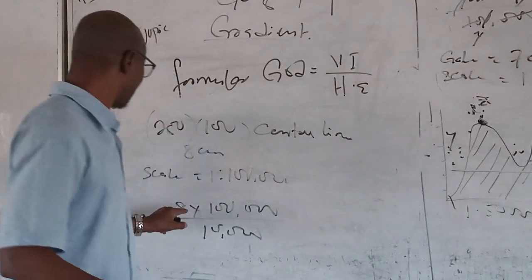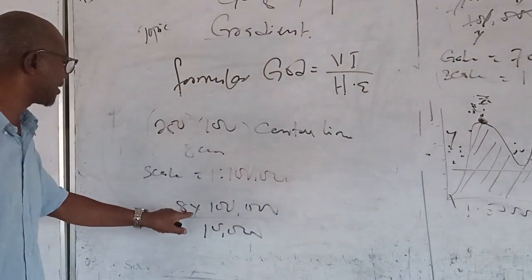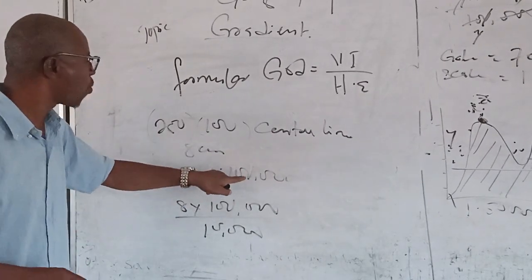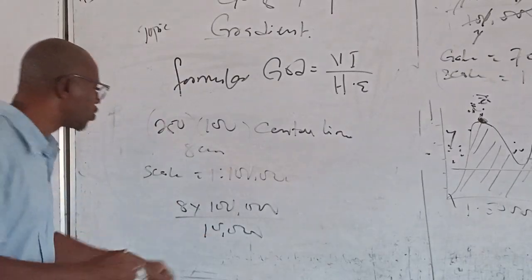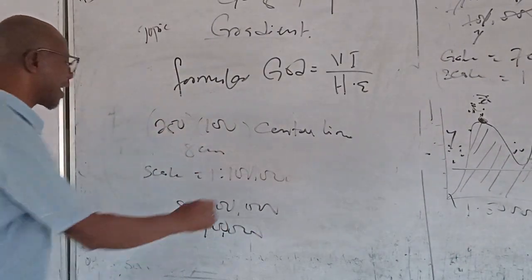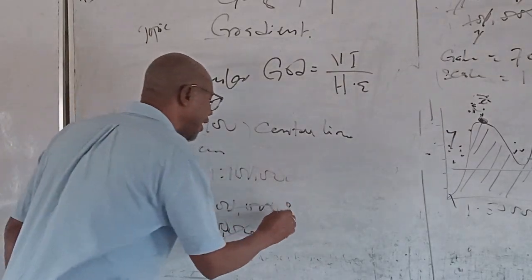Let me start from here: the distance between both sides is 8 centimeters. The scale of the map is 1 to 100,000. This 100,000 is constant because the sum on the ground is constant. When you cancel everything, you arrive at 8 kilometers.